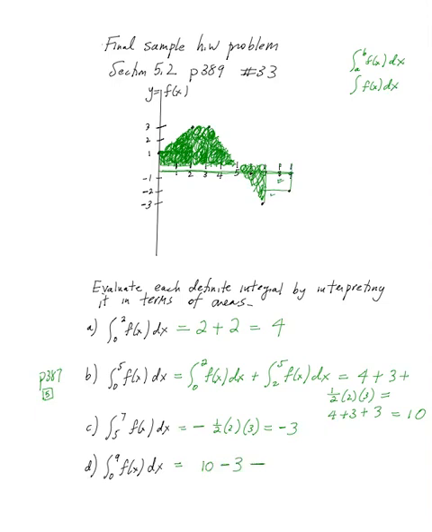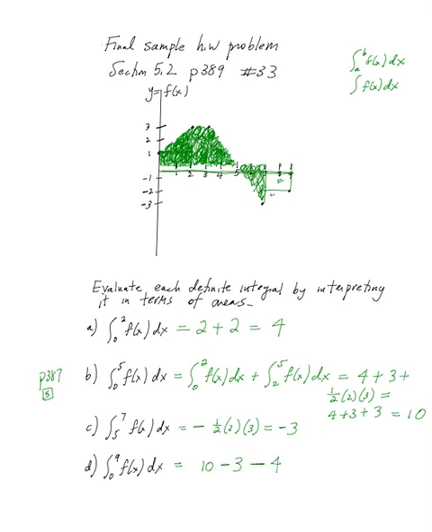Remember, area is always positive. But this region lies below the x-axis, so its contribution to the definite integral is negative. I've got to subtract away 4, because the square of area 4 lies below the x-axis. How about this triangle?